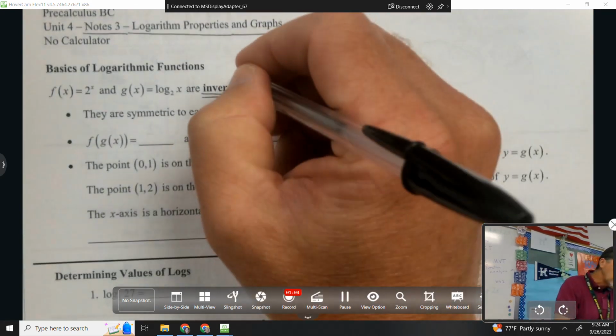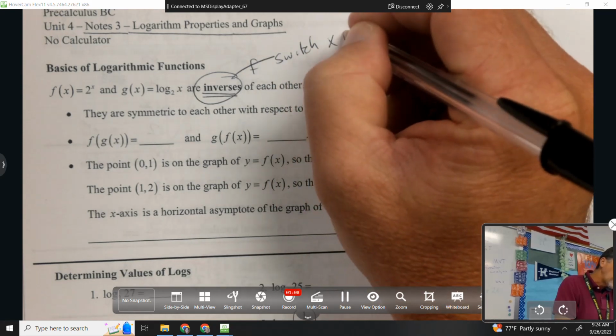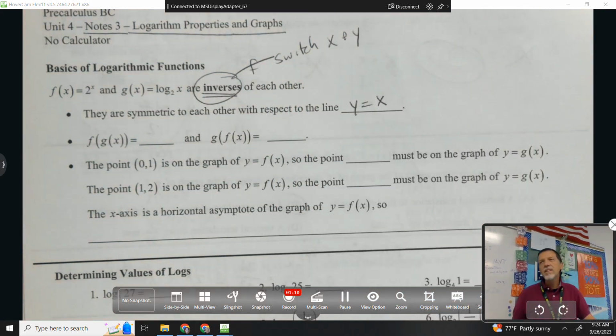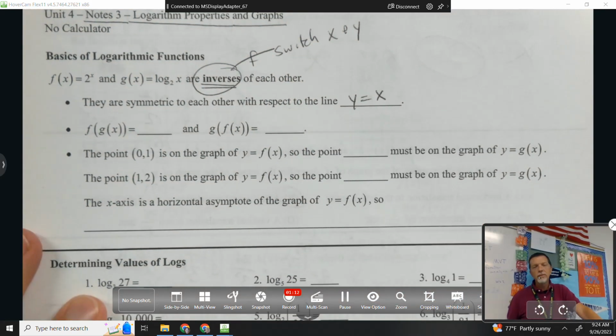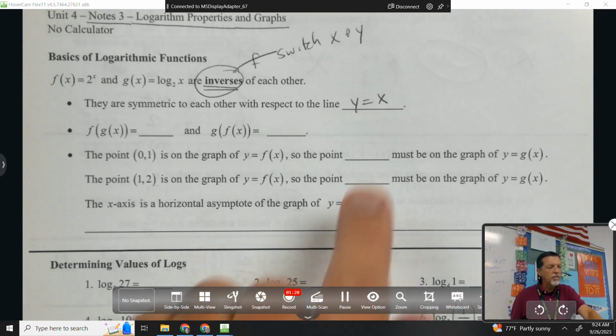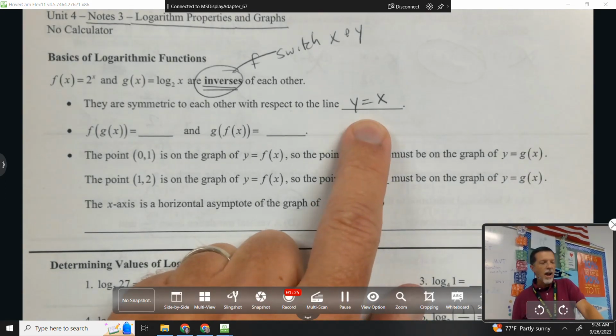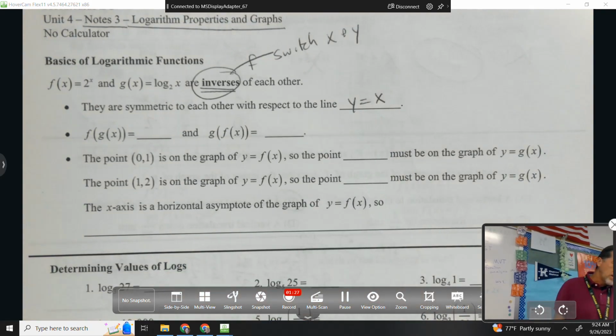Because the easiest way to think about inverses is you switch x and y. And we'll use that a little later today when we go to graph them. And when you switch x and y, maybe it makes sense that you would end up with graphs that are symmetric across y equals x. Because how you got the other graph was by switching x and y.